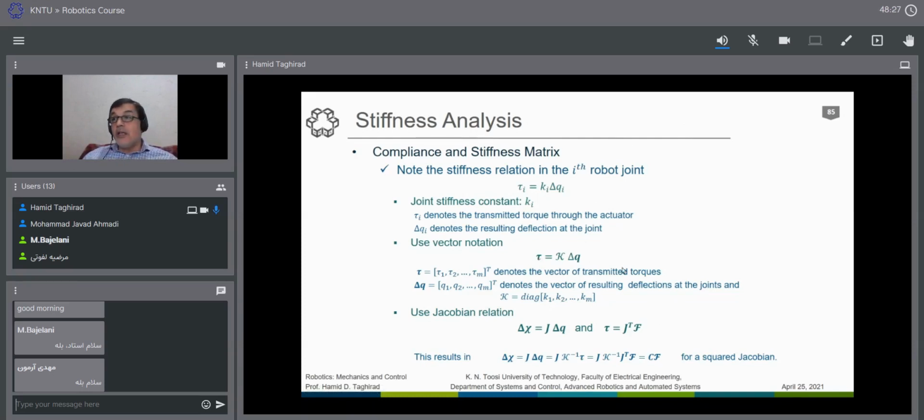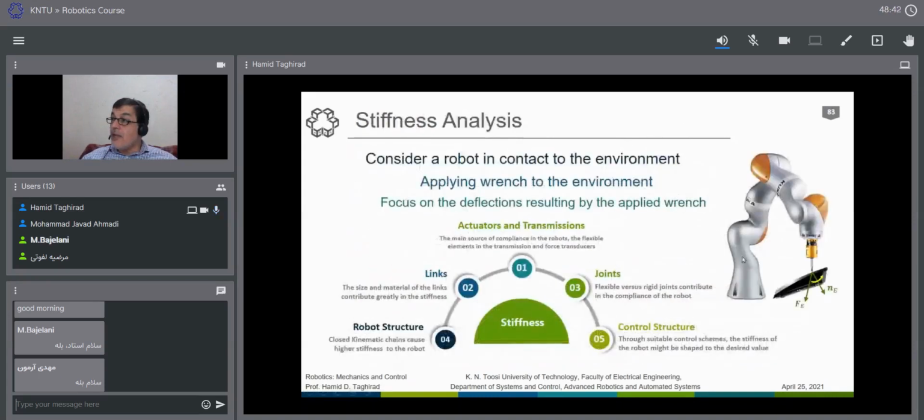Now consider that we have a force or a wrench at the end effector. So we have a structure, and as we show here, a wrench applied to the end effector. How will this be distributed into the joints?